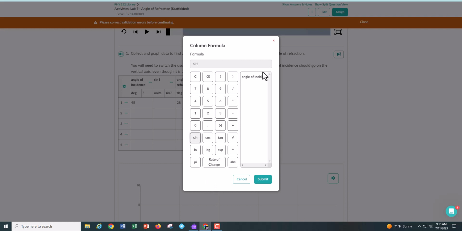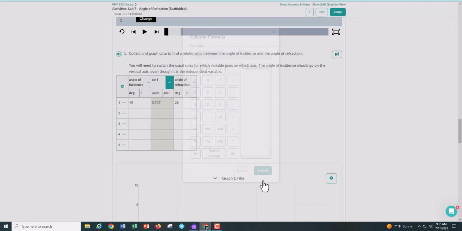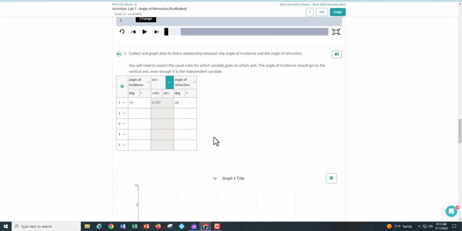Then I'm going to press submit. So you have to make sure you put both parentheses in there. All right, so it's taken the sine of I.